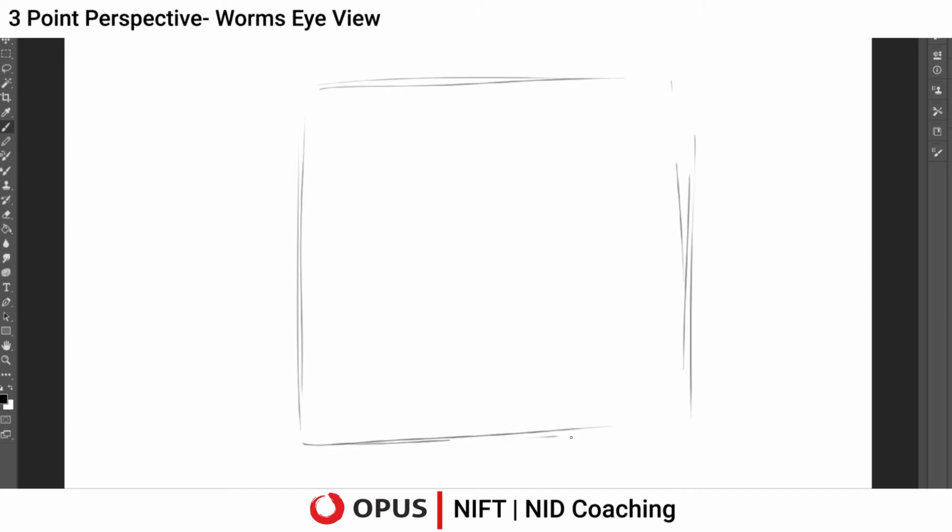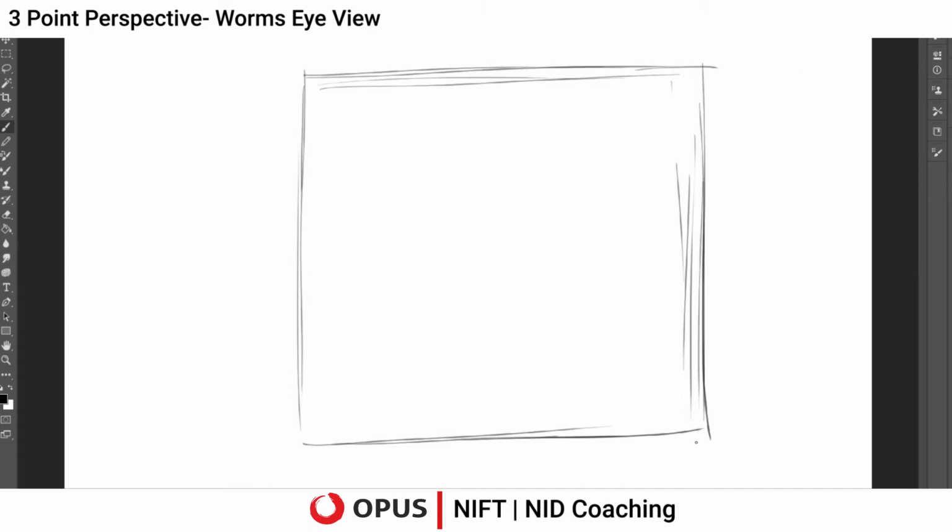Every time it is not possible, or also not desirable, that you fit all your vanishing points inside the frame itself. So you have to just understand and recollect the theory of the 3-point perspective, and taking the rules from there, you have to make the drawing itself.